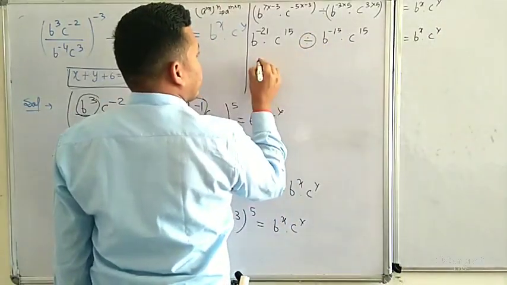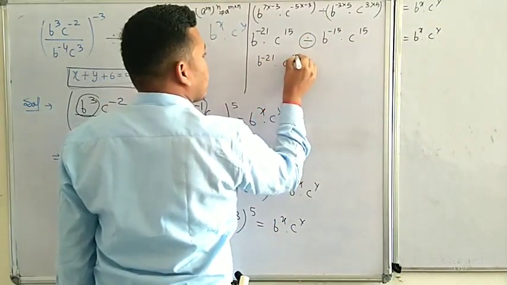Then this is the sign of division, तो we can write -21 into c to the power 15.